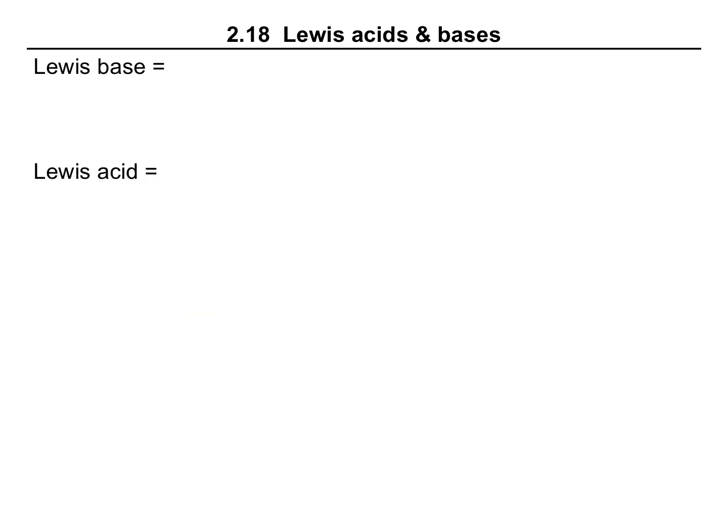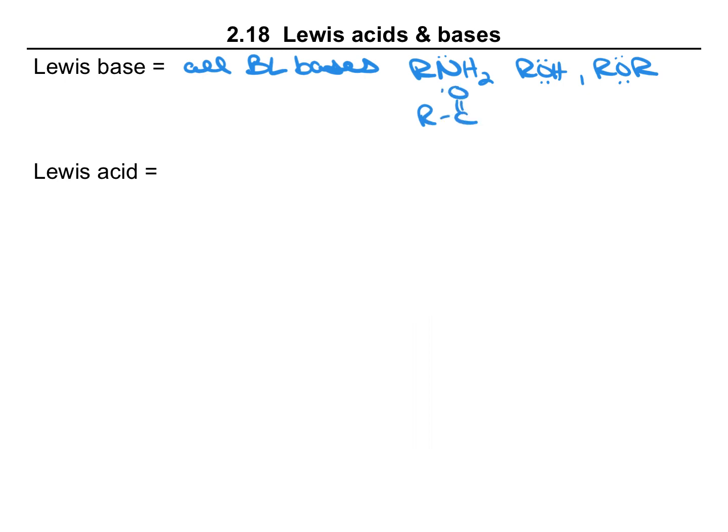When we think about Lewis bases, we can think about all Bronsted-Lowry bases. So we could have an amine, we could have an alcohol or an ether, right? These are all things where we have lone pairs that could be donated to another molecule. We could have something with a carbonyl, a C double bond O, and what's over here could be still a wide variety.